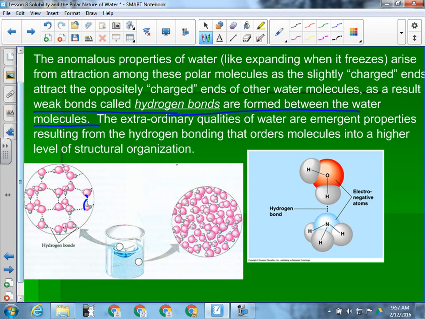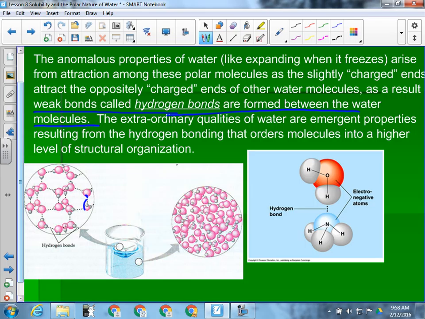They create a distance between themselves because of this repulsion of like charges, and the ice ends up being less dense. Now, that crystal shape is fairly fractal, which means that it's different every time it happens. No 2 snowflakes are the same, so it's slightly different every single time.